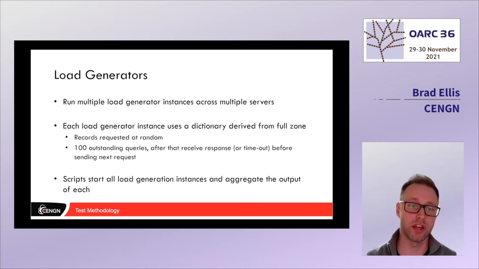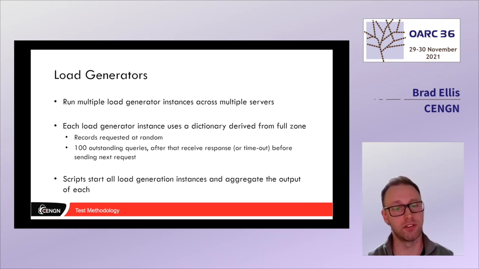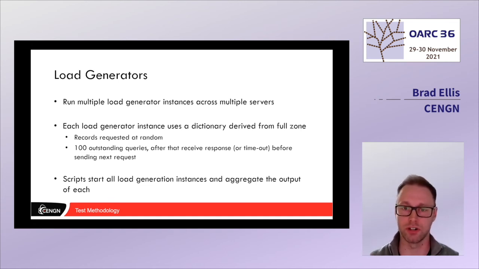Each load generator had a dictionary that was derived from the full zone that we were testing. The records were requested at random, and we made sure to only have 100 outstanding queries to try and keep results somewhat fair, rather than just hammering the server, bogging it down and just waiting for a bunch of things to time out that might give us a less accurate response.